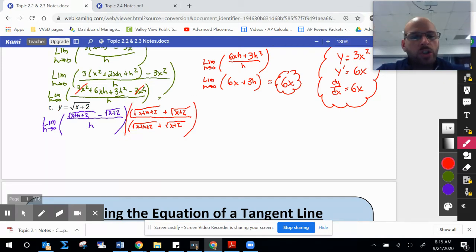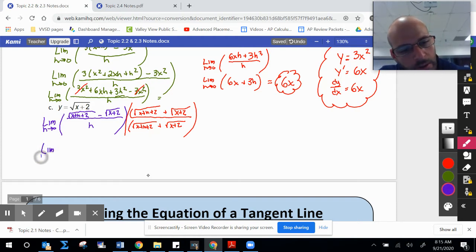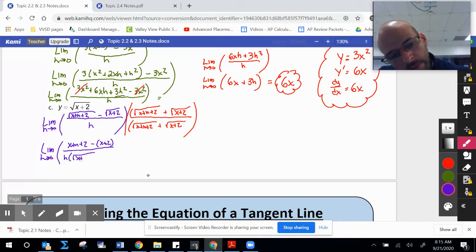I am going to distribute. We get a little difference of squares here. So I have an x plus h plus 2 minus an x plus 2. Be very careful with that negative. Over an h times the square root of x plus h plus 2 plus the square root of x plus 2.